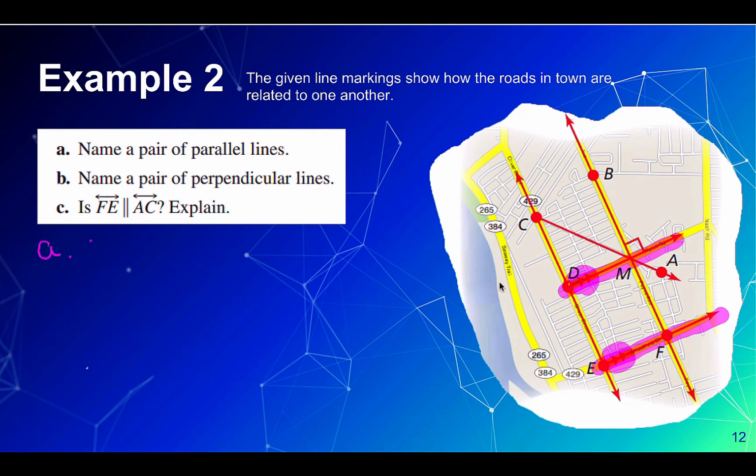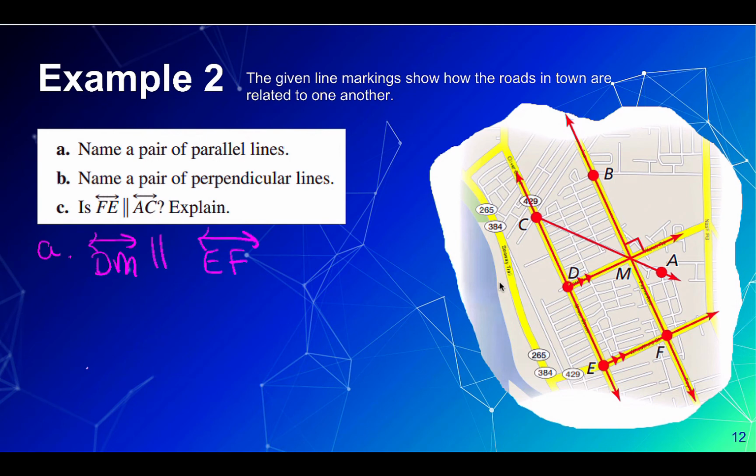A is line DM, or you could say MD, and DM is parallel to line EF. What does B state?